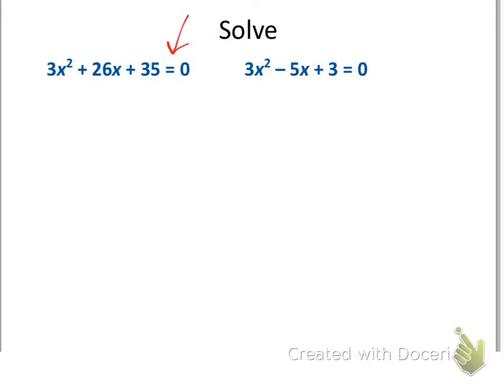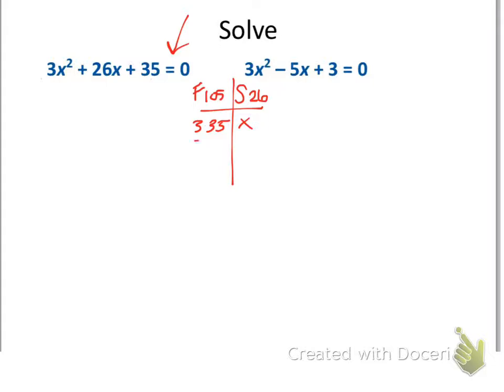Okay, so that means we're going to have to try to find factors of 3 times 35, which is going to be 105. Factors of 105 that add up to 26. Okay, so let's start thinking. We could do 3 times 35, but that does not add up to 26.